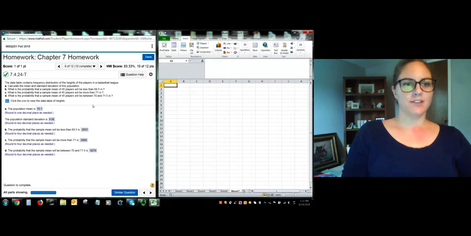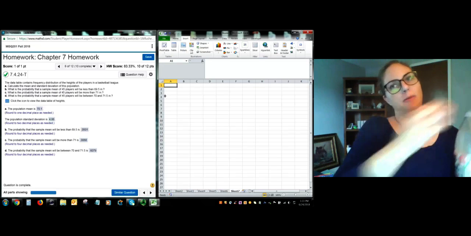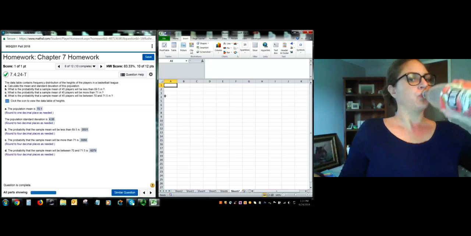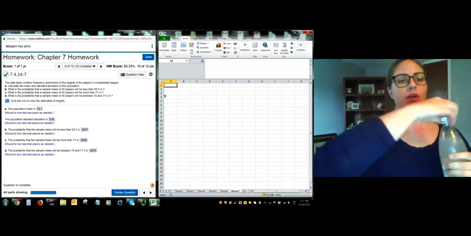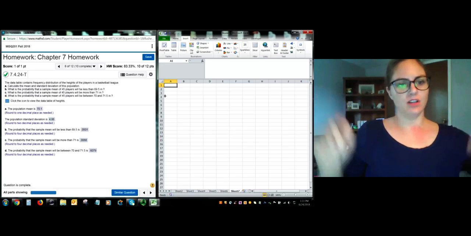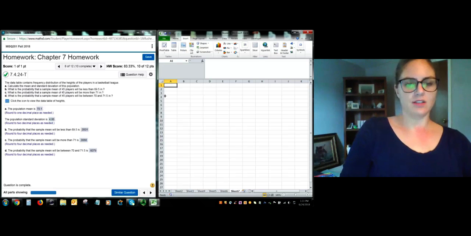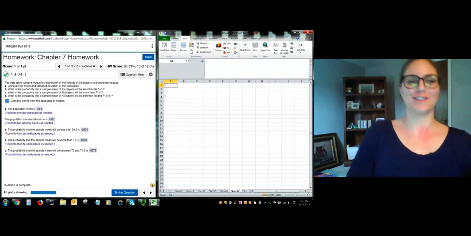Right, this data table contains a frequency distribution of the heights of the players in a basketball league. It may be a little misleading, but this is actually a population because it's a league. Okay, so population, finite population correction factor.